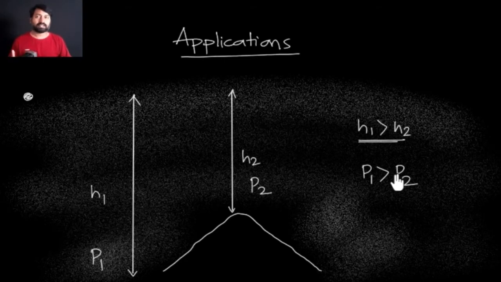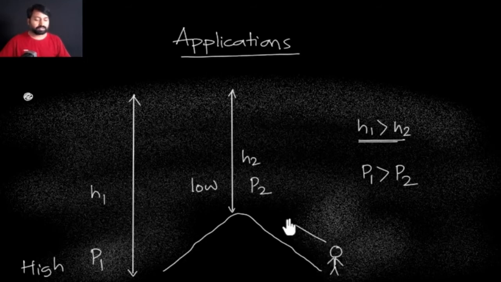What is the reason behind that? The height of the atmosphere is more, and the amount of gas present here is more, and therefore we can say that it is high pressure, and here it is low pressure. Someone who is living at the bottom of the mountain, if he wants to climb here, is moving from high pressure to low pressure.